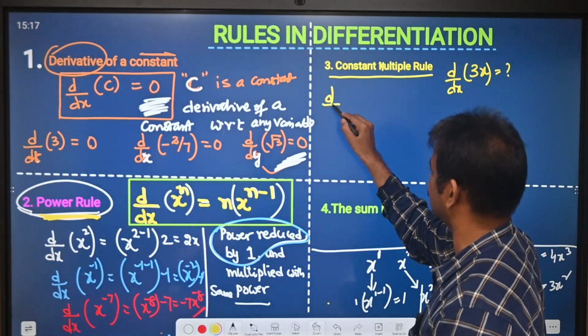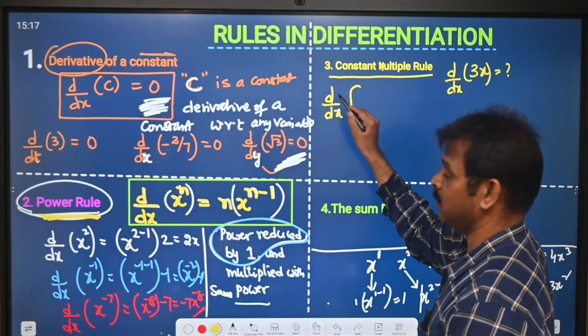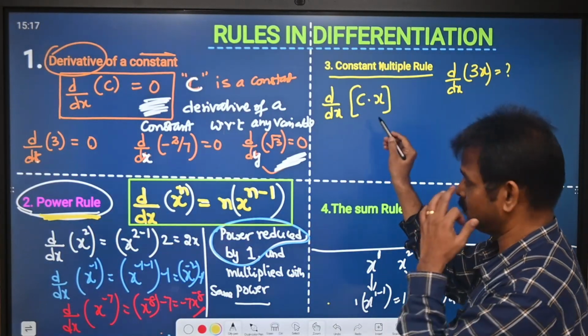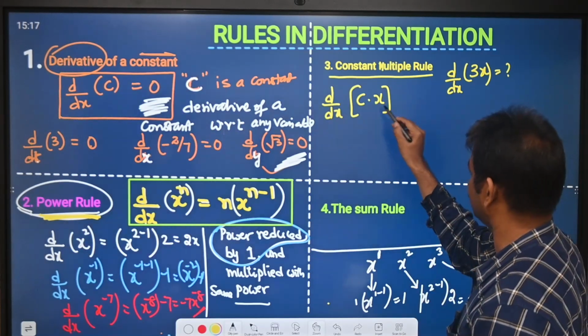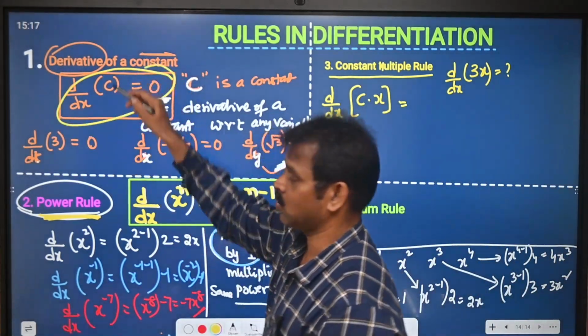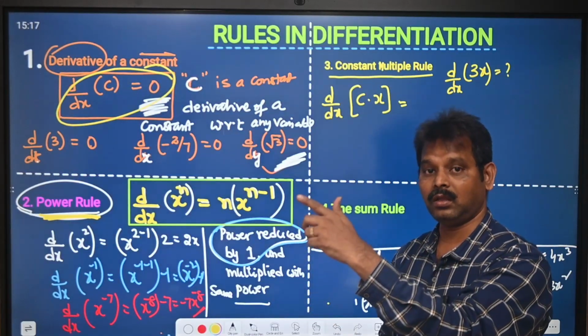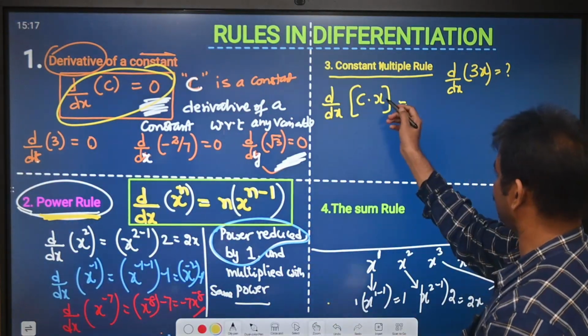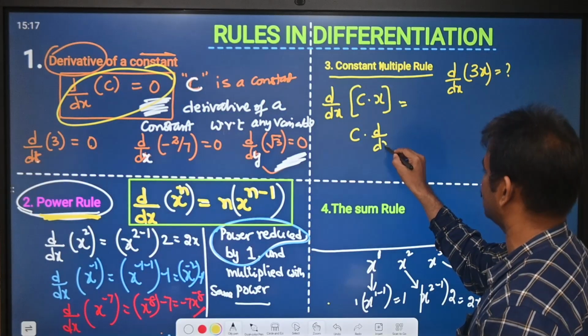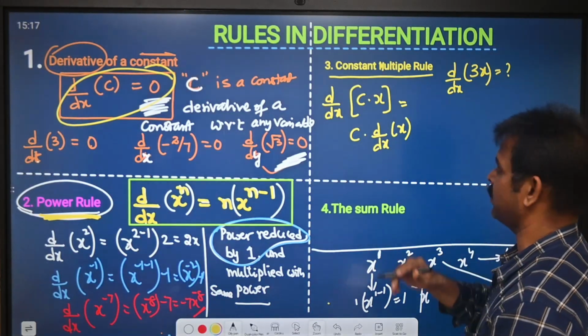First, let me write the general formula, d by dx of a constant times a variable. When this type of problem is given, first bring the constant outside. If only a constant is given, the derivative of the constant is 0. But if a constant with a variable is given, bring the constant outside. Then this will become d by dx of x.